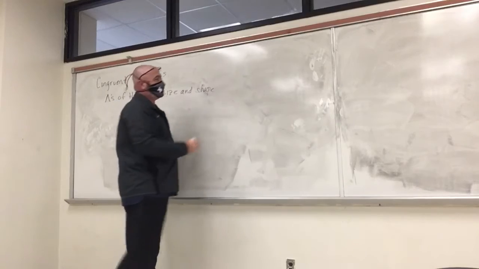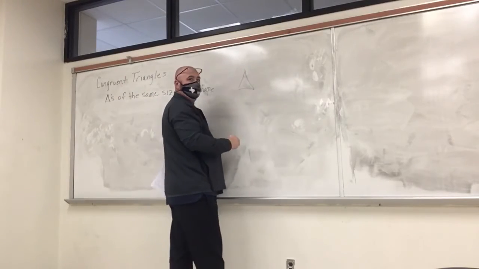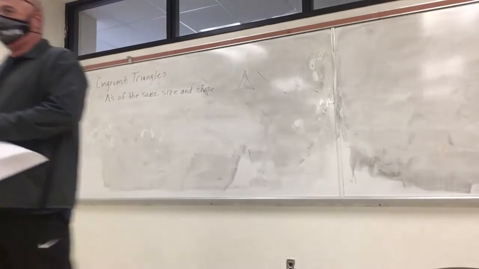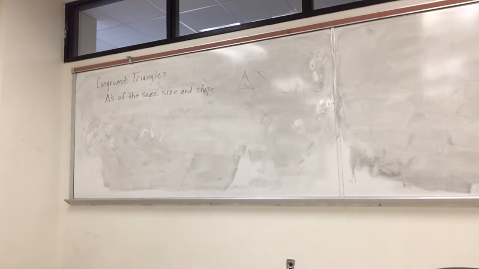So you can't have a triangle that looks like this and a triangle that looks like this. They can't be congruent to each other because they don't fit the definition. It's got to be the same size and the same shape. Those two triangles don't have the same shape, so therefore they cannot be congruent to one another.